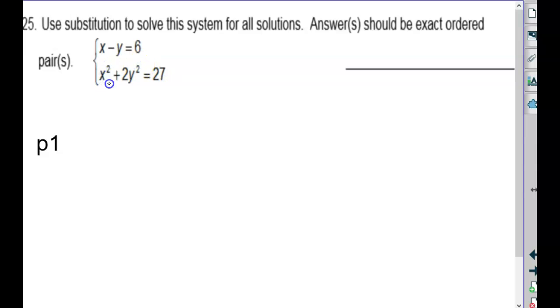All right, so which would you rather put in? Something for x or something for y? I think x would be easier. So how could I solve this so that I was able to substitute it in for x? If I add one y over to the other side, I have y plus 6.